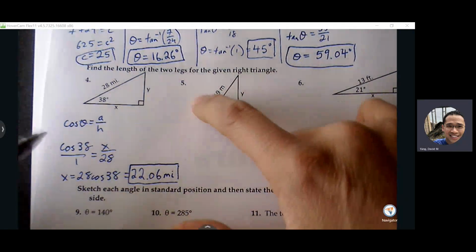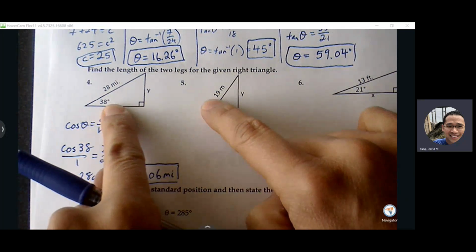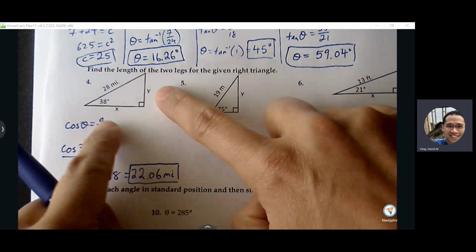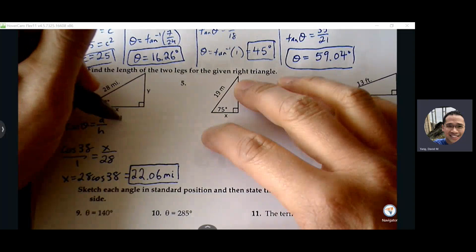Of course, you can rely on sine if you want to solve for y. You're perfectly welcome to use that. Or since you have all the sides available, you can use any of the trig functions, or you can use tangent as well. Or you can use the Pythagorean theorem.